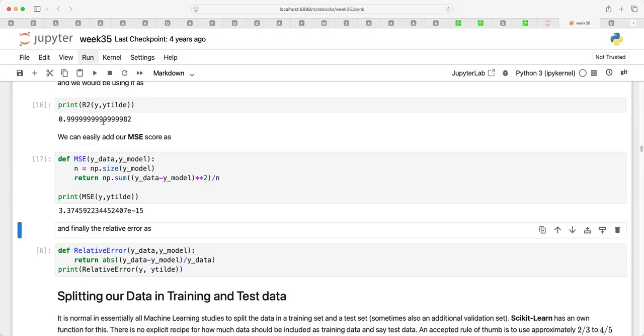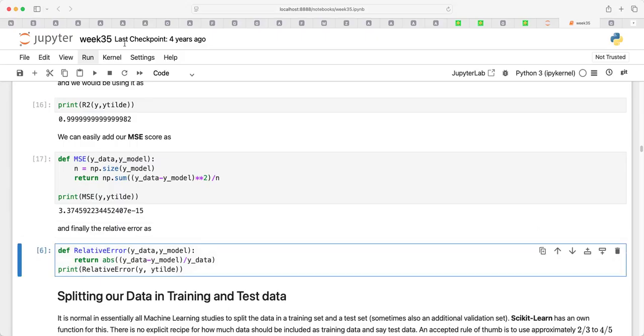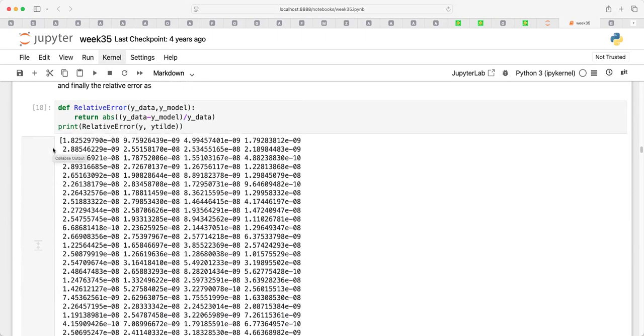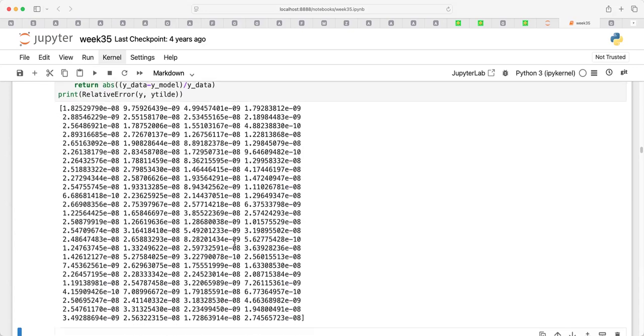So if I knew that my polynomial is exactly a 2nd order polynomial, I could extract the parameters immediately. So let's look a little bit more on this kind of playing around. You can also define the relative error if you want to. And you can see the relative error here is also pretty small, 10 to the minus 8.